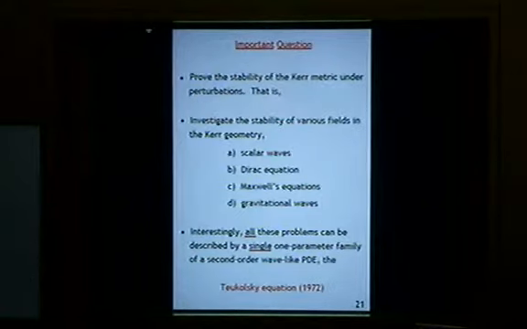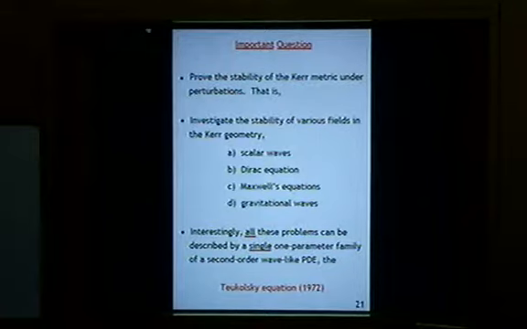Now, there's an important question that comes here. You want to prove the stability of the Kerr metric under perturbations. That's an important problem. You want to investigate the stability of various fields in the Kerr geometry. So the first thing would be scalar waves, so they're just scalar wave equations. And then there's the Dirac equation. The Dirac equation, again, is a linear equation.